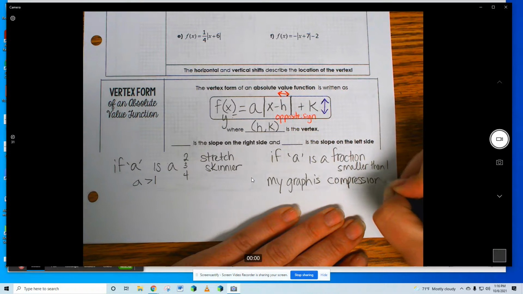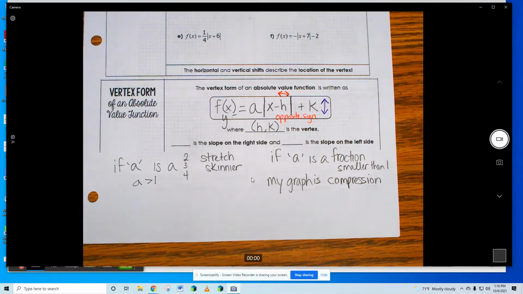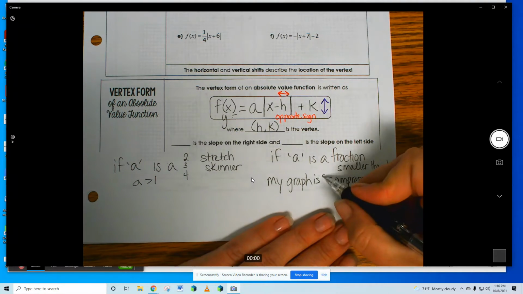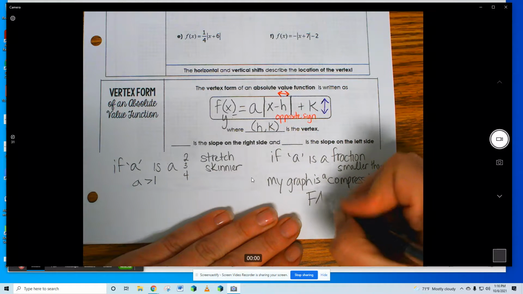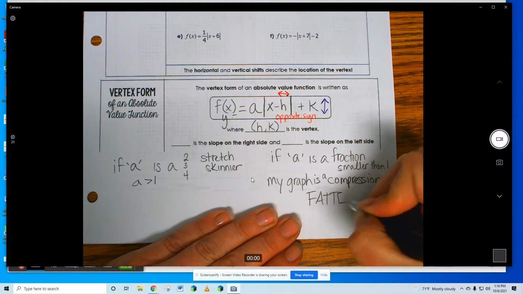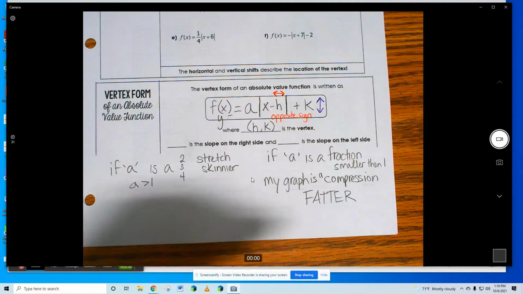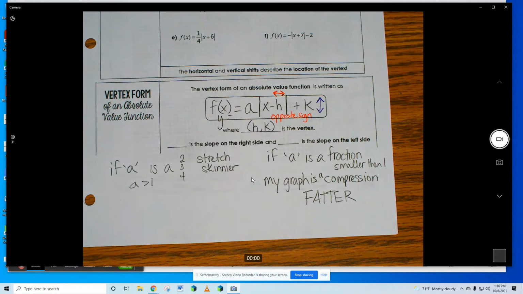Sorry, I have to write the word compression. My graph is a compression. That means that it's fatter. Fraction fatter. And we've talked about fraction fatter before.